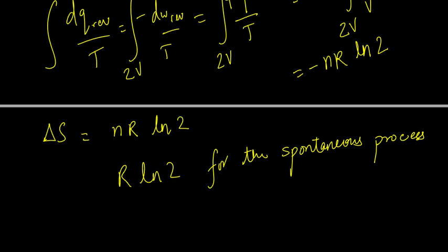Anyway, now this brings us to the molecular approach of entropy and its association with randomness. This is Boltzmann's formulation of statistical entropy.